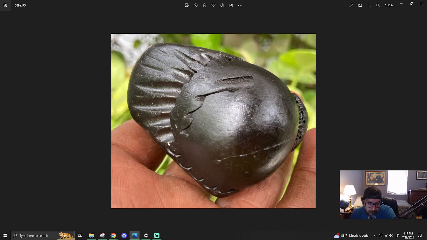Same ammonite. These are nice and uniform. This is anomalous. It's very much in line with that, although this is not. This is relatively in line with that. It's staggered, though.